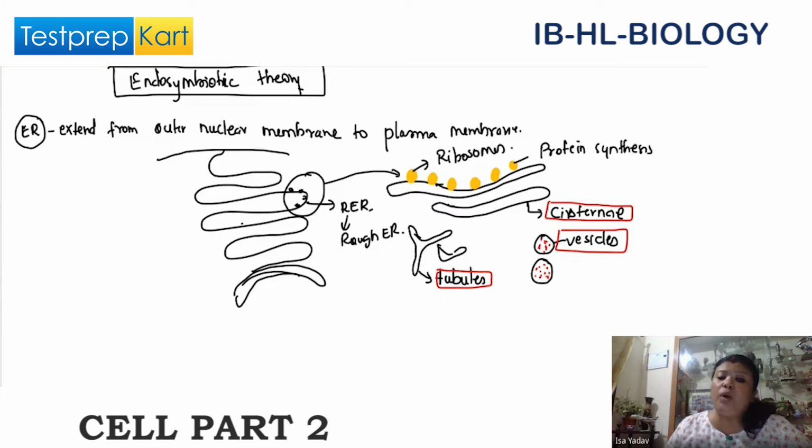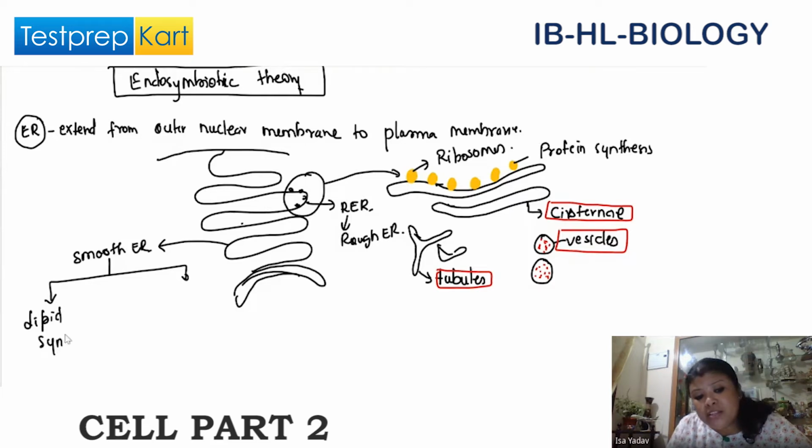There is another one, which does not have any ribosome. It is just smooth. This is called the smooth ER. It has two functions. Smooth ER is involved in lipid synthesis. Lipid means fat.